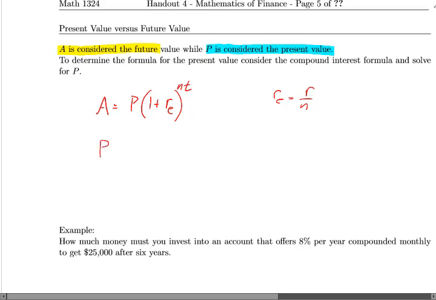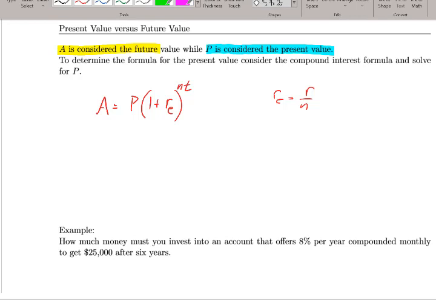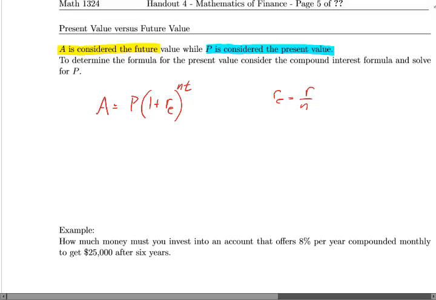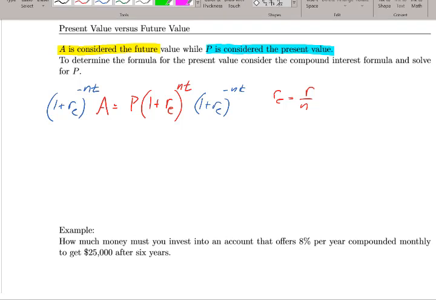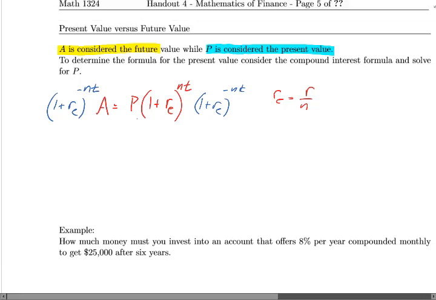Alright, so all we're going to do is rearrange this equation. Actually, let me go ahead and show you the step that we do. We multiply both sides by 1 plus RE to the negative NT. Alright, and so what you'll notice is that on the right hand side, this times this, those go away.